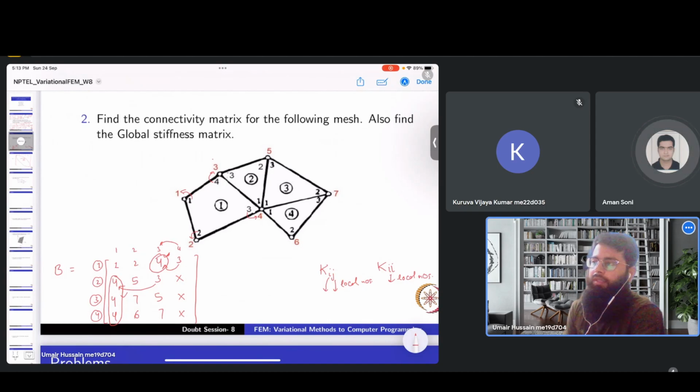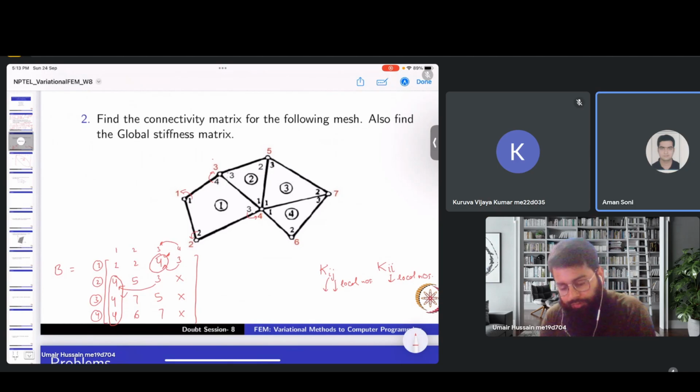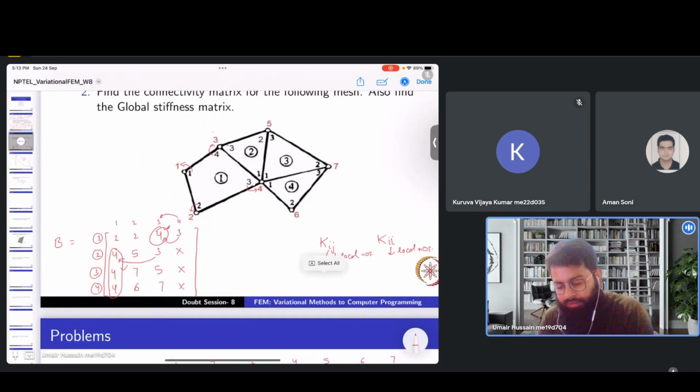No, actually, I'm talking about here. If I want to write this K46 in terms of local nodes, how should it be written? We just look at which element K46 is part of. Nodes 4 and 6 are together present only in the fourth element.